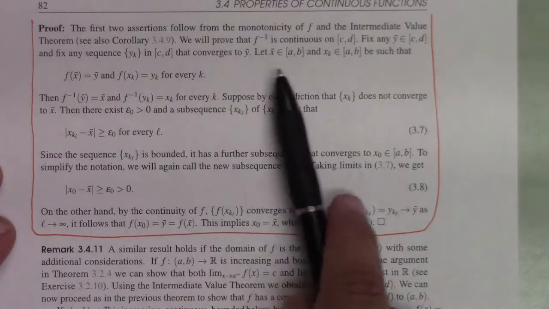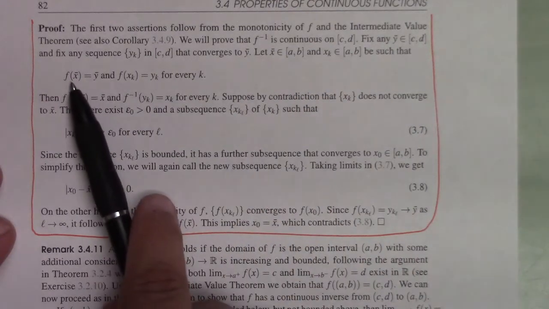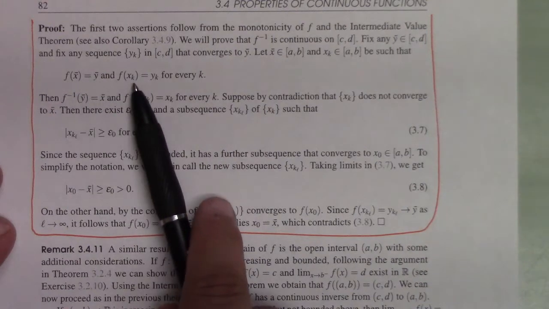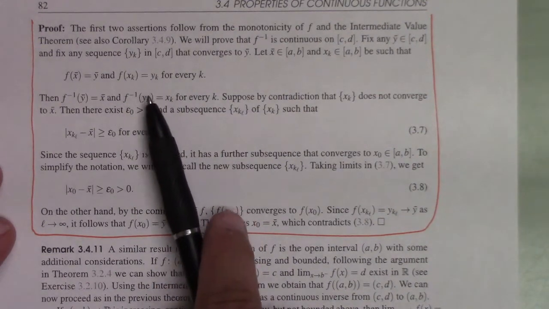Because of the construction of y bar, there has to exist an x bar such that f of x bar is equal to y bar. And likewise, there has to exist a sequence which has as its image the sequence yk.